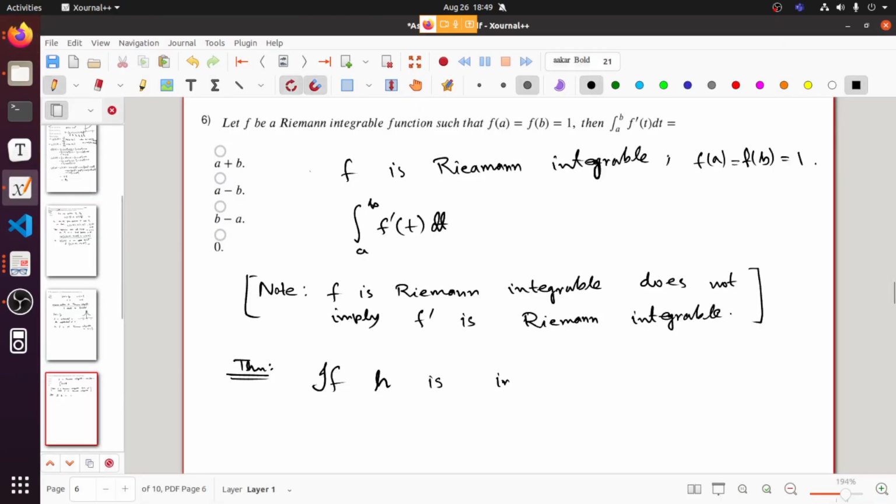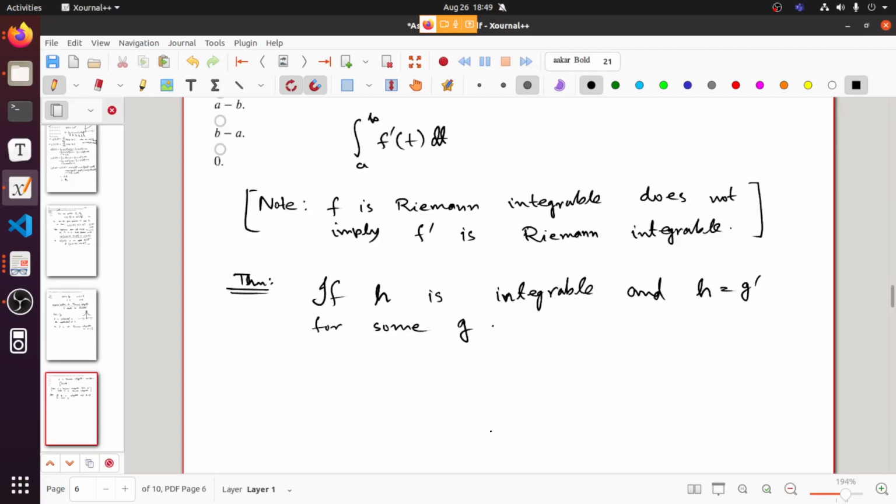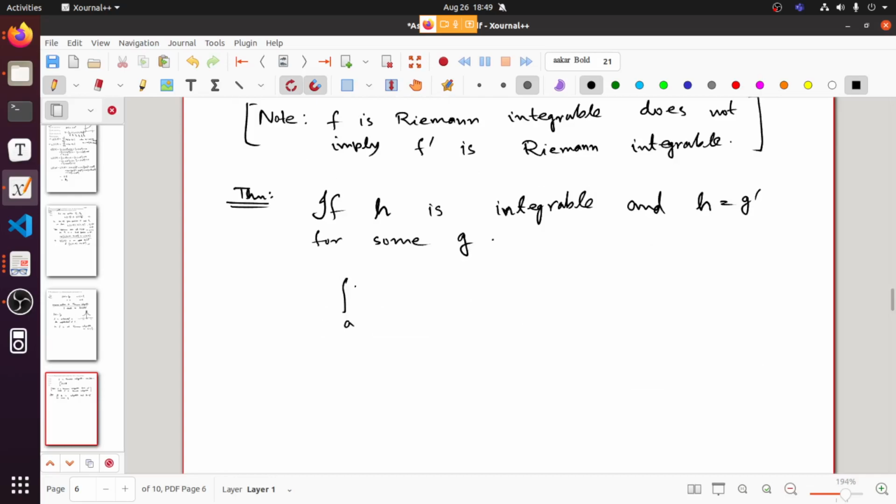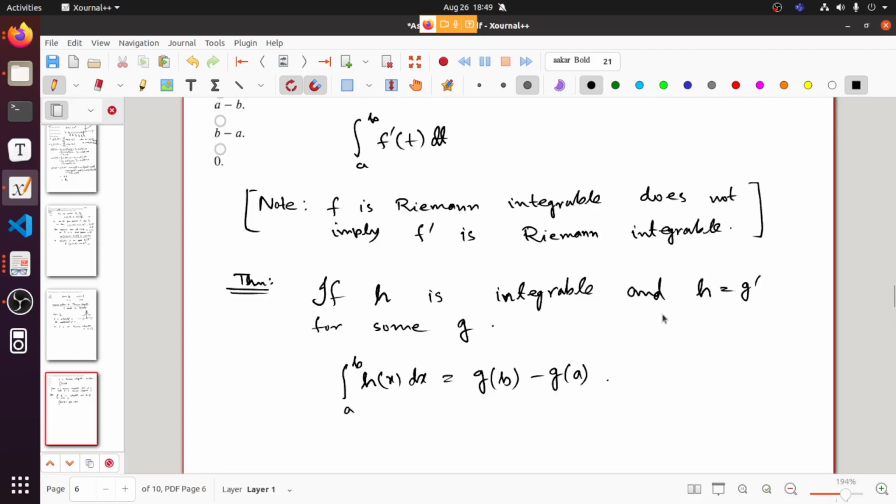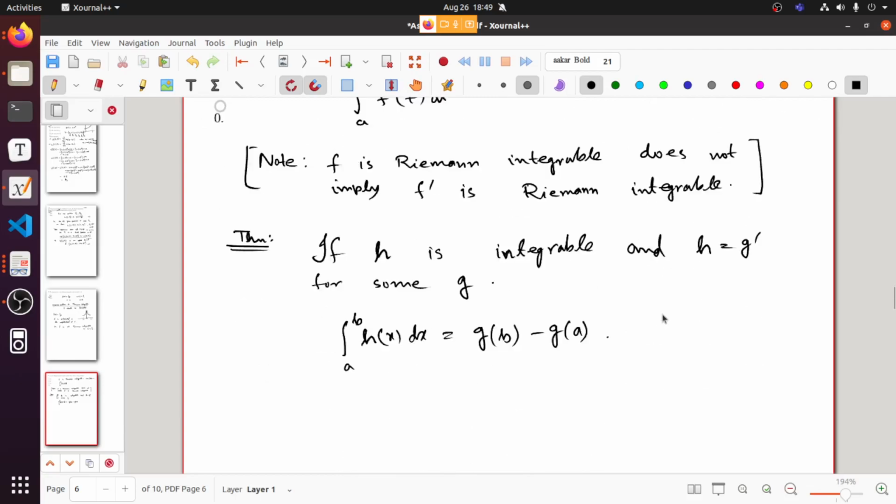If h is integrable and h is an antiderivative, meaning h = g' for some g, then the integral from a to b of h(x) dx is g(b) minus g(a), right? This was done in the class, so we will use this theorem.